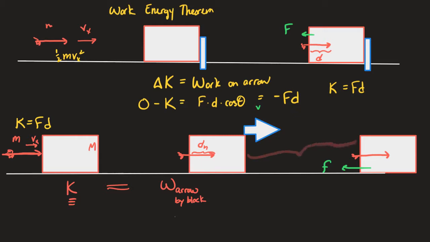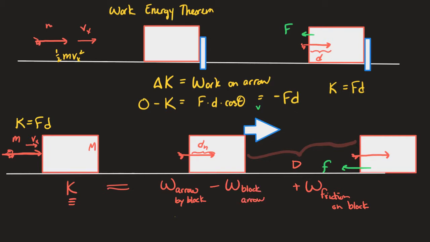And then, and this part's a little tough to stomach, they go on to say that we're also going to have to consider the work done by friction on the block. Now, this is in their solution manual. What's interesting, though, is that they don't talk about something I would subtract here, which would be the work done on the block by the arrow.